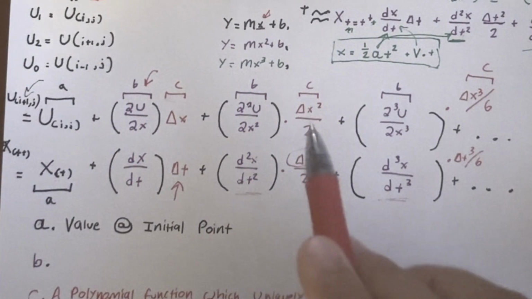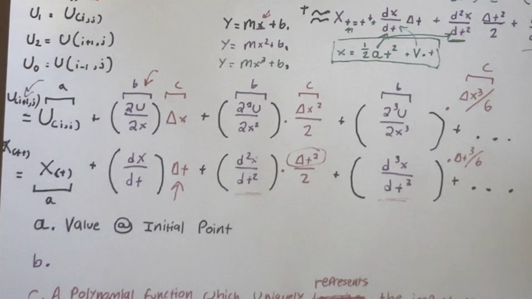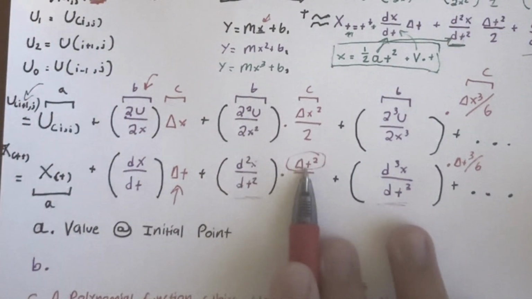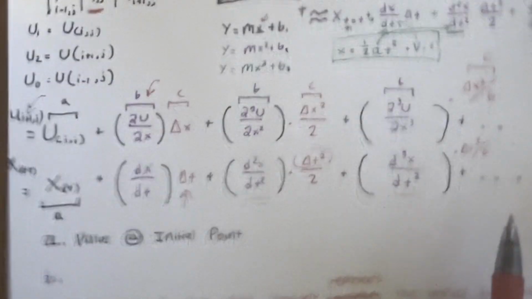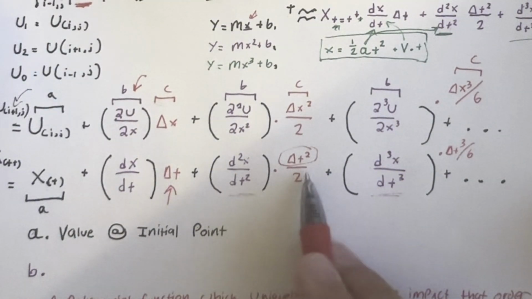You can't describe how x changes with change in t squared, so you need to have a function of change in t squared to describe how x changes with change of t squared. And that is true for every polynomial going forward, all the way to change in t to the n, right? Each of those individual higher orders need to be uniquely described and expressed by a polynomial of the same order. That's what C does, essentially.